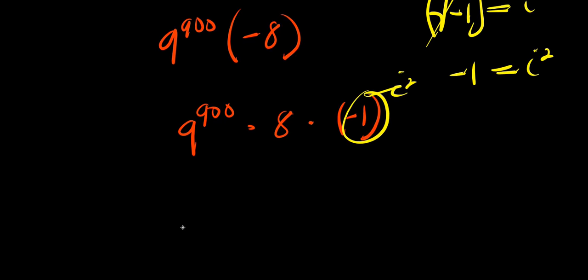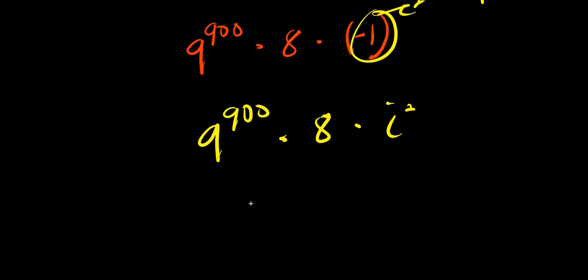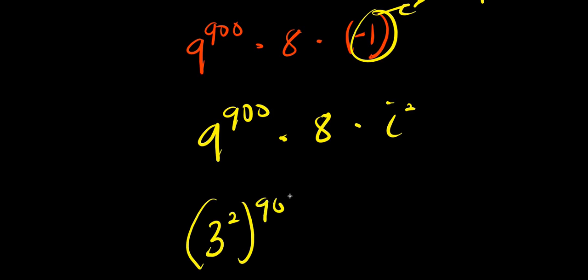So I'm going to have 9 to the power of 900 times 8 times i to the power of 2, right? So from here, 9 is 3 to the power of 2, and this is to the power of 900, times 8, which is 2 to the power of 3, times i to the power of 2, right?